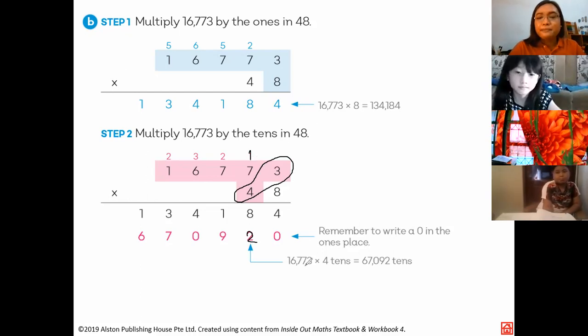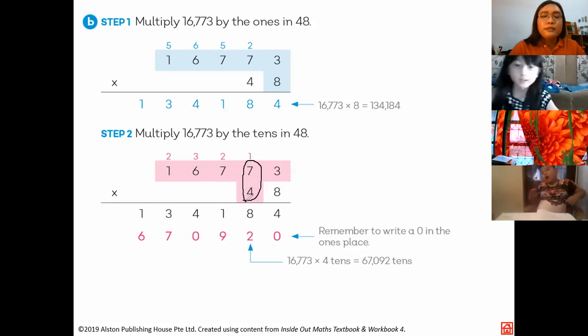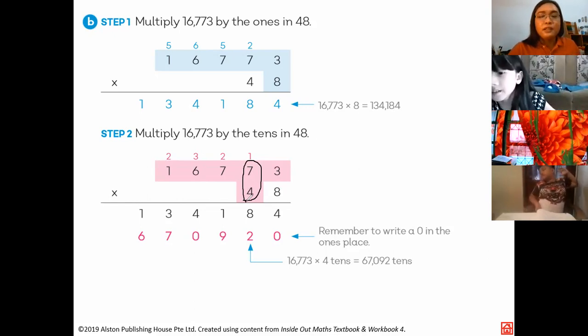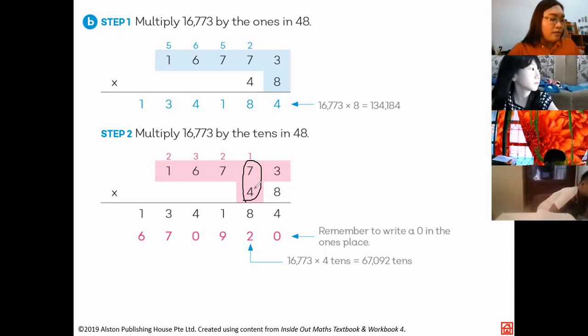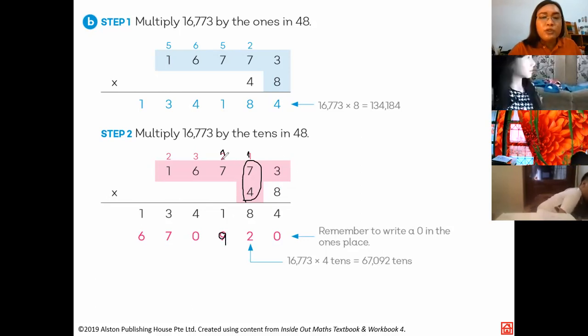Next step. Multiply 7 and 4. 28 plus 1, that's 29. So we put 9 over here and then carry the 2.